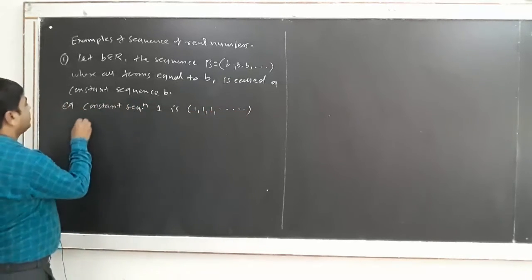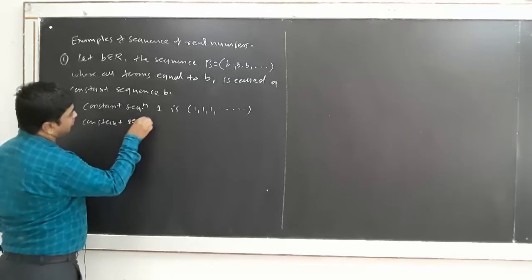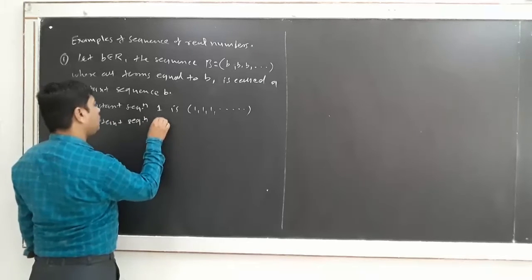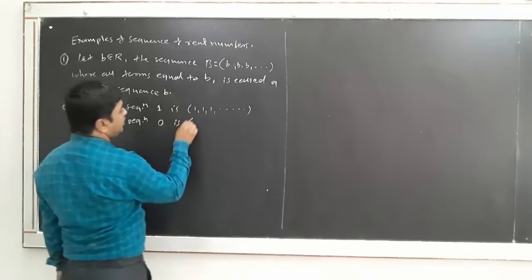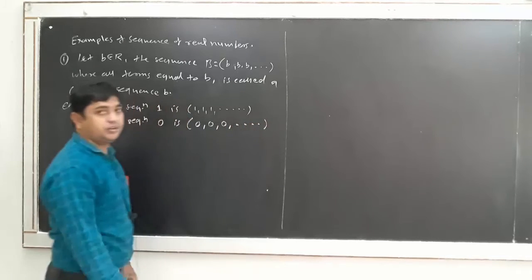Similarly, we can write constant sequence 0 as 0, 0, 0 and so on.